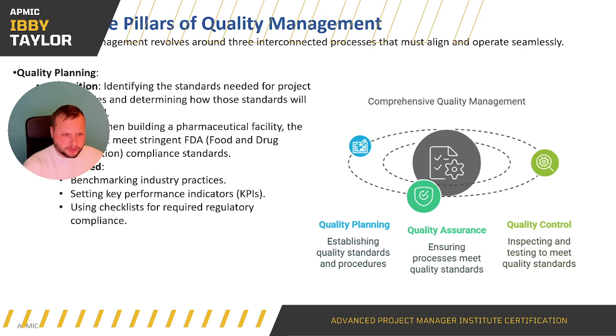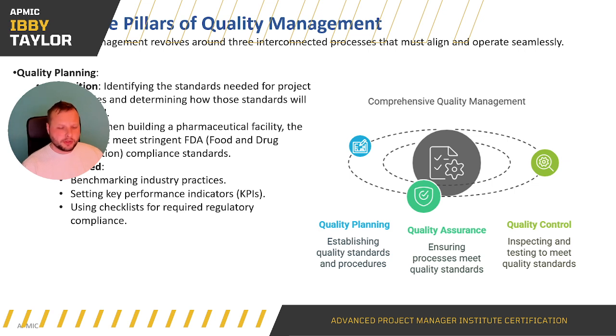So it mentions on the side there. Example, when building a pharmaceutical facility, the project must meet stringent FDA, Food and Drug Administration, compliance standards. That's going to be your quality planning. You know the benchmarks that you need to hit. You're using industry practices, key performance indicators or KPIs, and using checklists for required regulatory compliance.